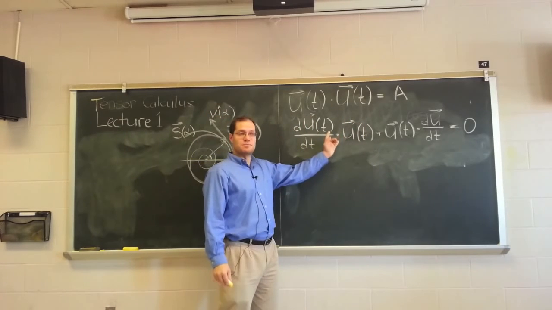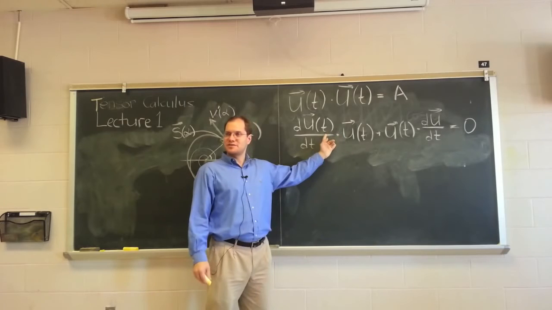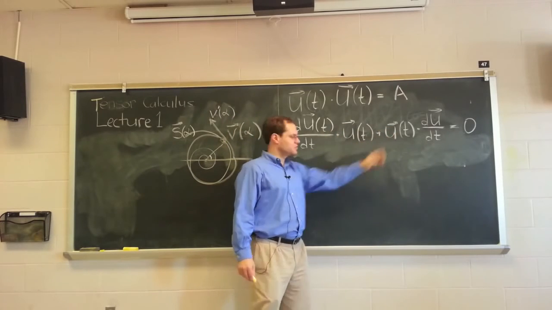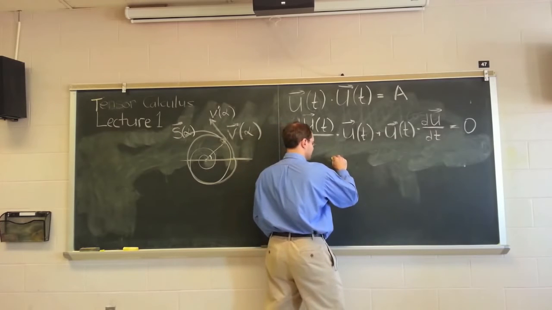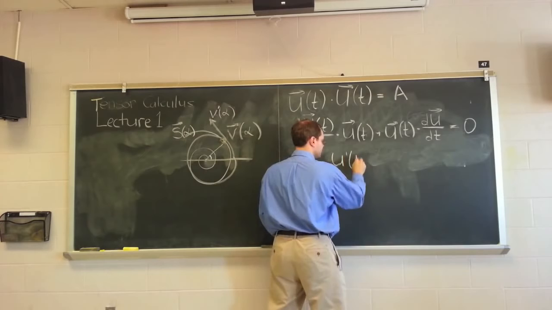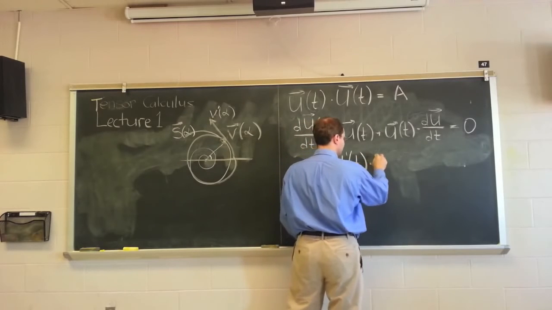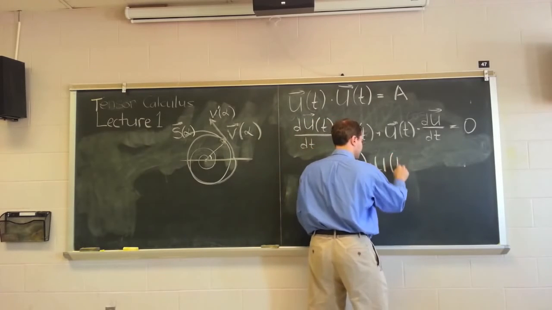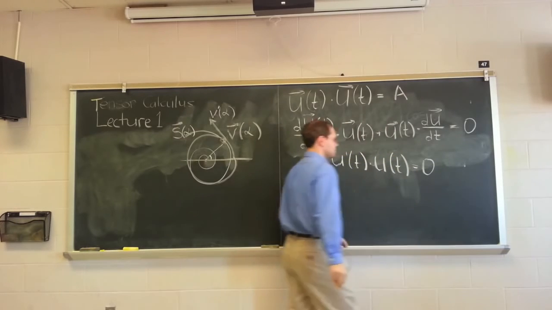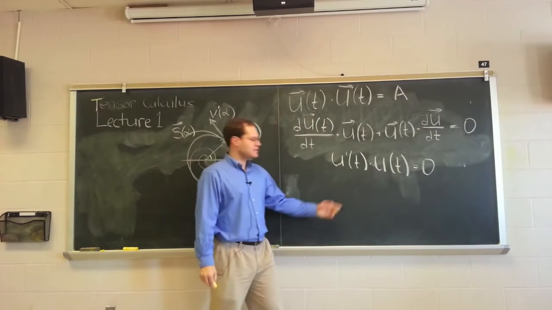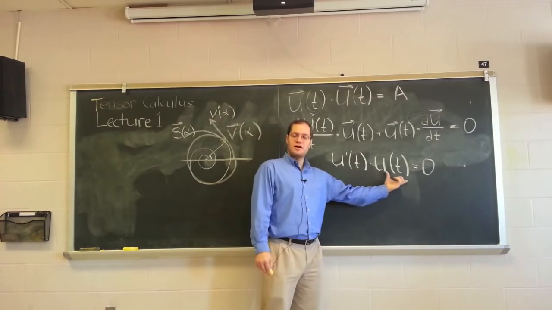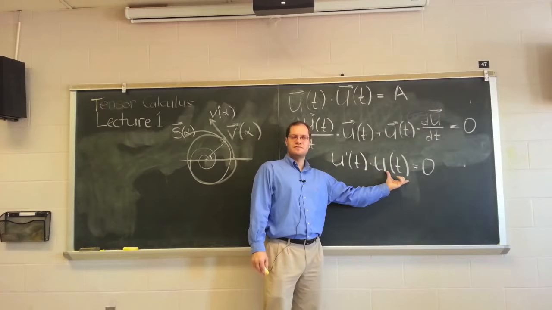And because the dot product is symmetric, these two terms are the same. So what I really have written is 2 times that, but I can cancel the 2. So u prime of t dotted with u of t equals 0. And that tells you that the derivative of the vector is orthogonal to the vector itself.